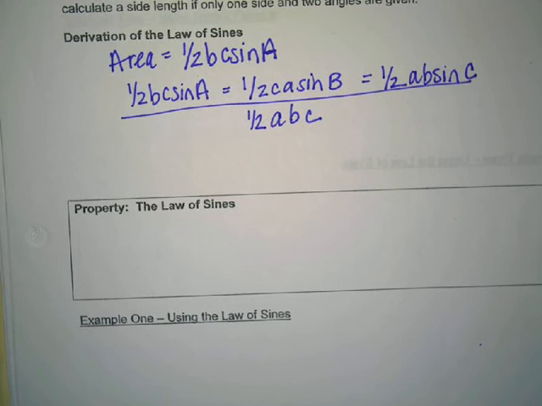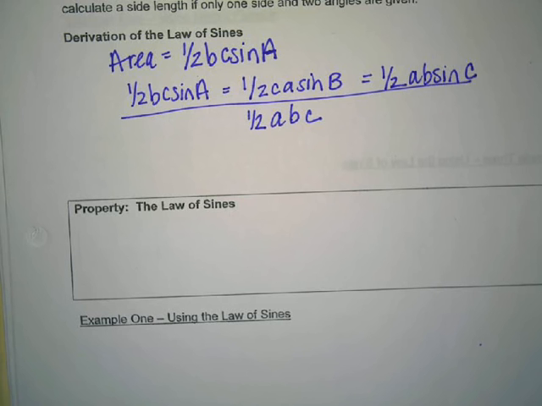Why are we putting it over abc? This is the proof, to show where the law of sines comes from. But you don't need to understand it. Yes, I do, actually. What is the point of putting it there? Just to show the proof.